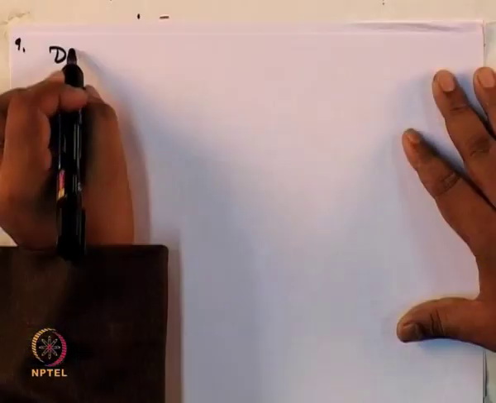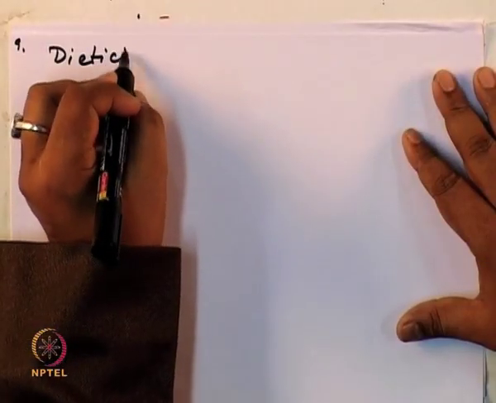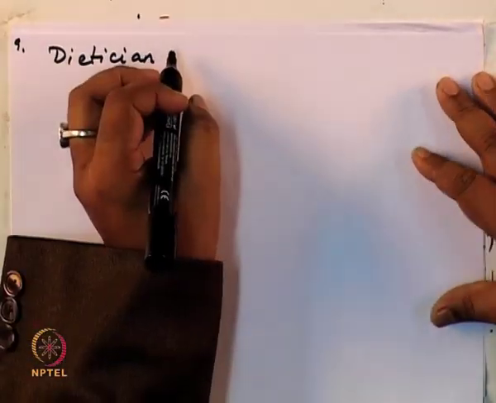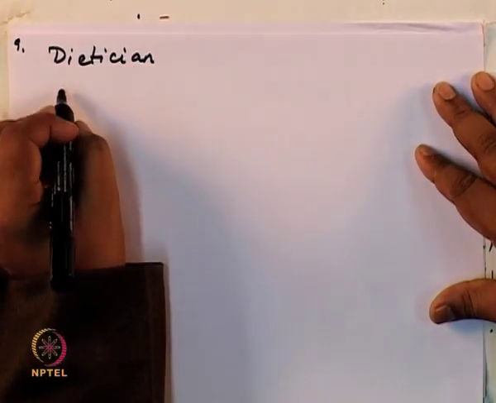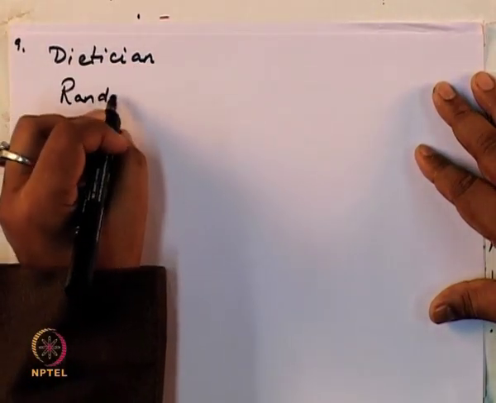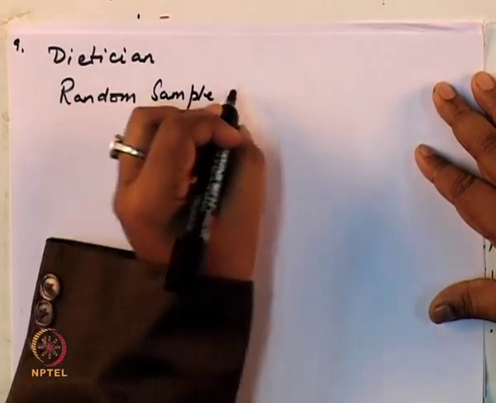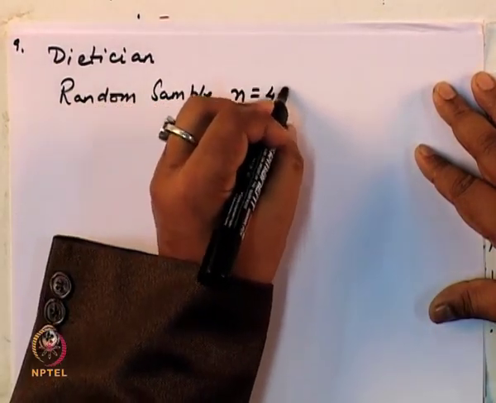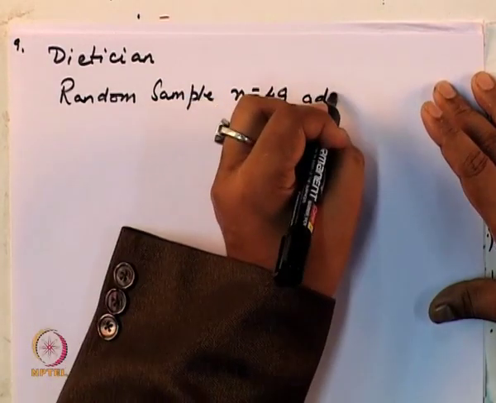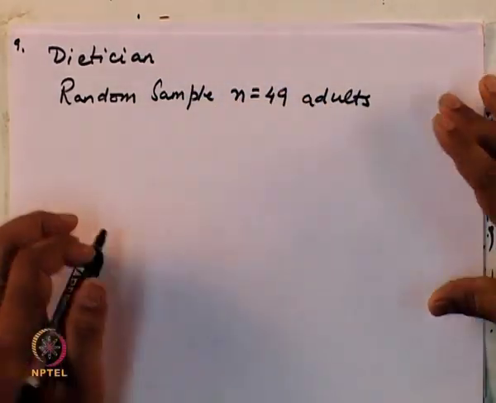Okay. So, let us take a sample example. So, let us say a dietitian selects a random sample of n equal to 49 adults. Okay.